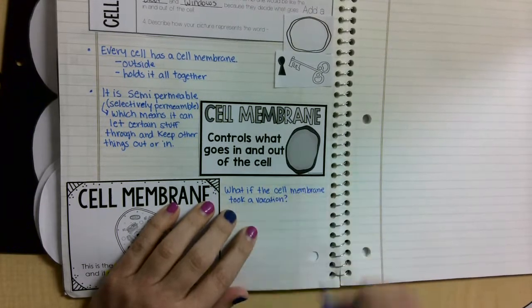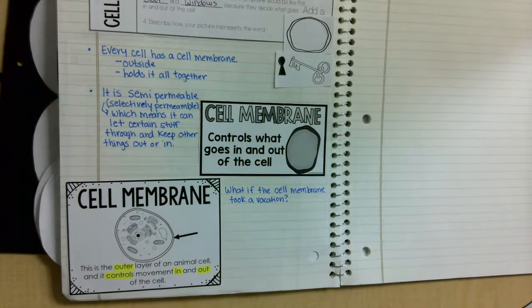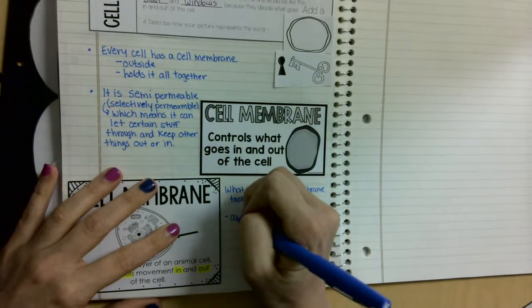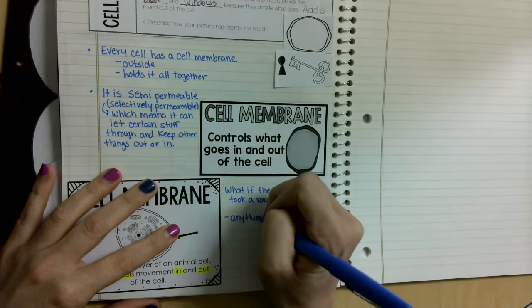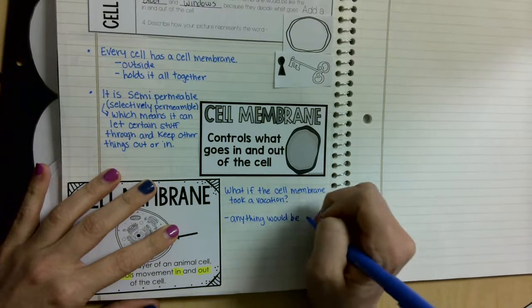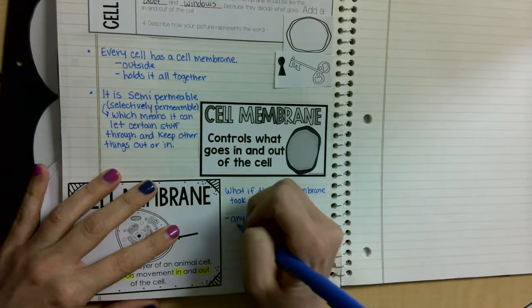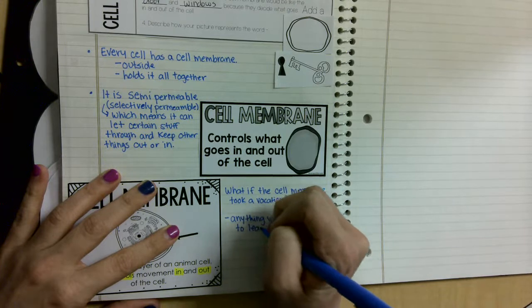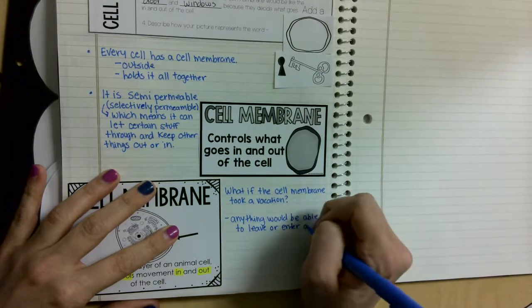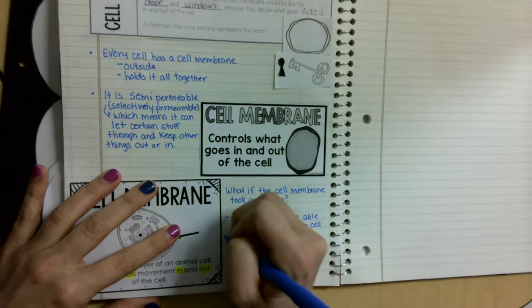So we're going to think about what would happen if there was no cell membrane. So anything would be able to leave or enter a cell. What else?